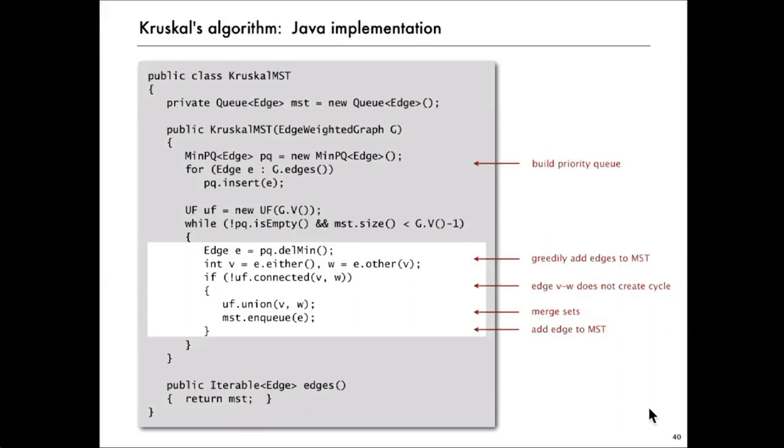And then we want to check, using the union-find algorithm, if they are connected. If they are connected, we don't want to do anything. If they are not connected, then we want to merge them and put that edge into the MST. That's it, that's the full implementation, and then we have the edges method for the client to return the minimum spanning tree. It's quite a compact implementation of a classic algorithm.